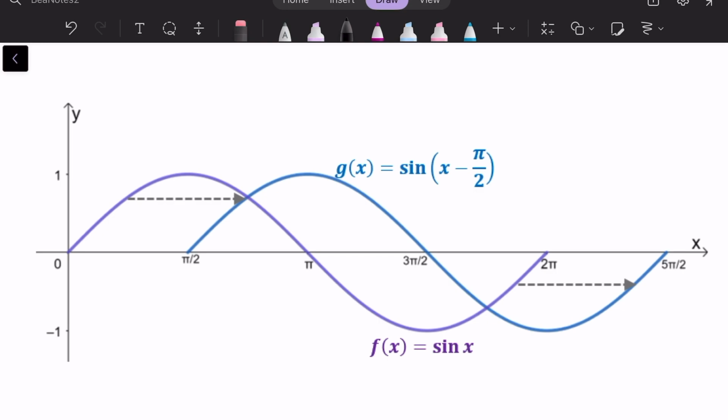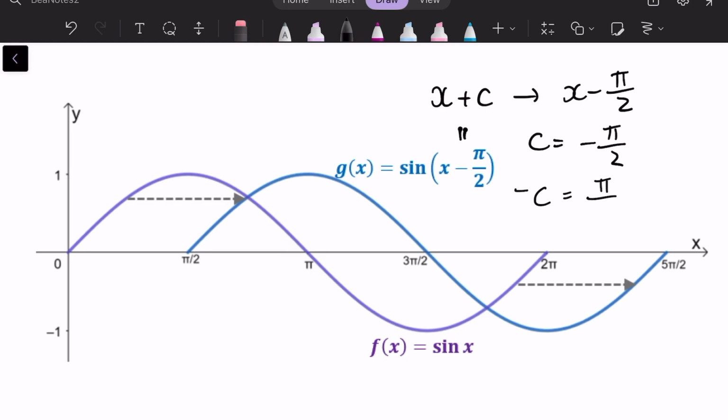This is because in this case, x plus c became x minus pi on 2, which means c equals negative pi on 2. So we know negative c is equal to positive pi on 2, which is the horizontal translation to the right. Therefore, it's been moved to the right by pi on 2 units.